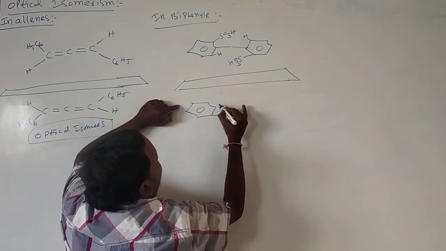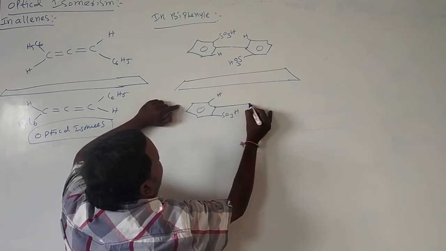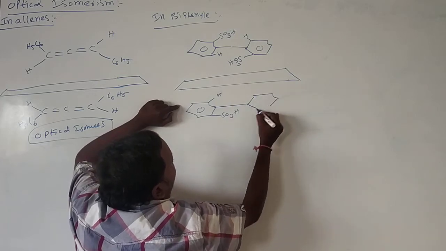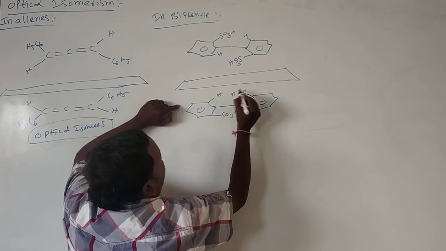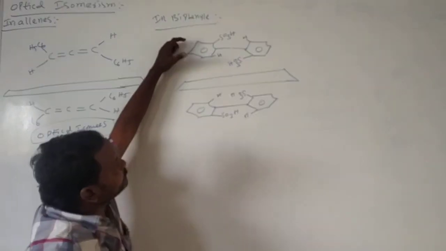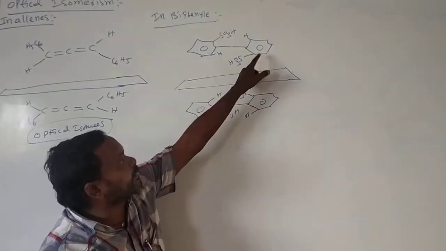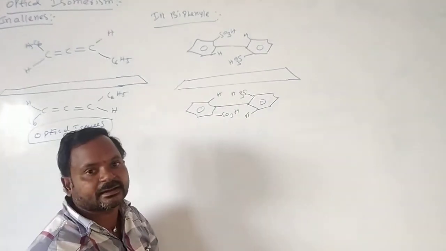SO3H, H, SO3H. See here, these are the biphenyl molecule. Two phenyl groups are there, so we call it biphenyl.